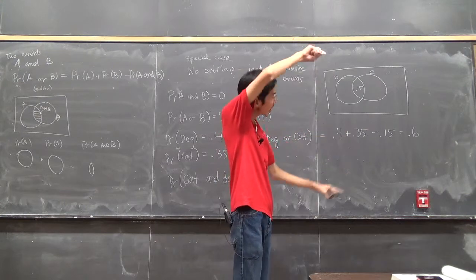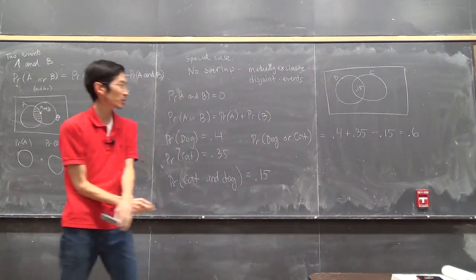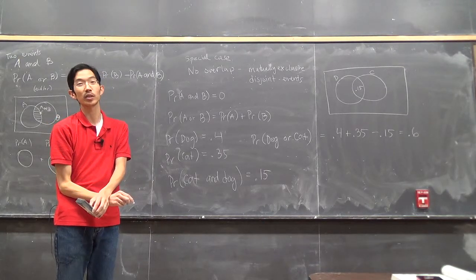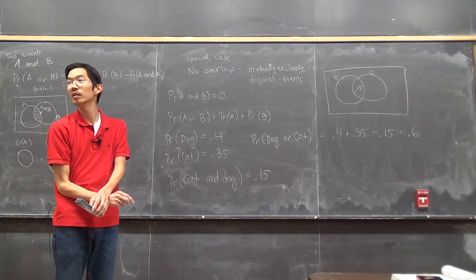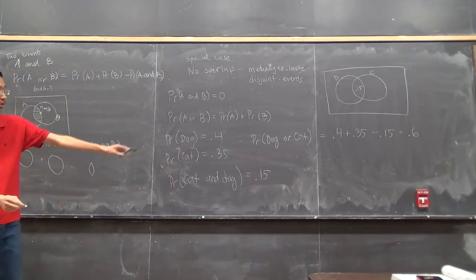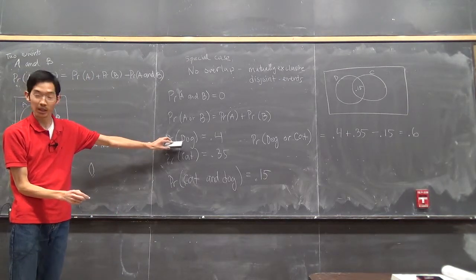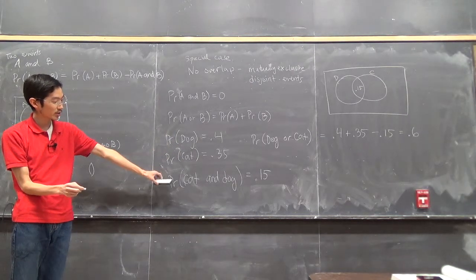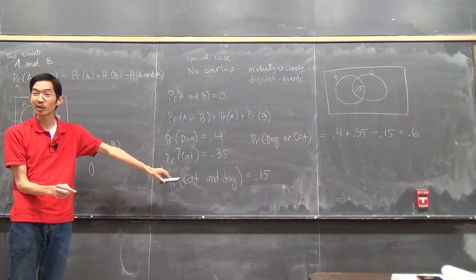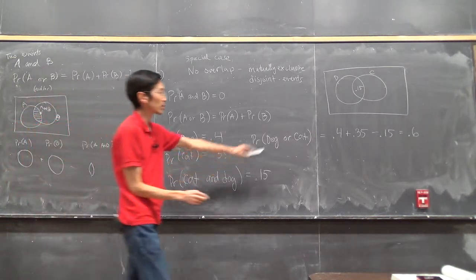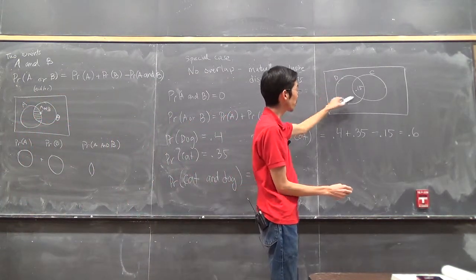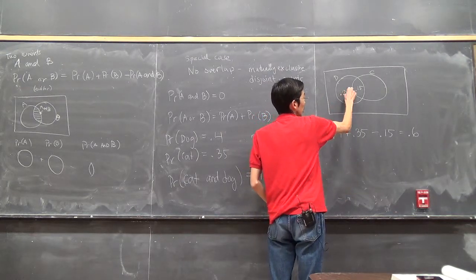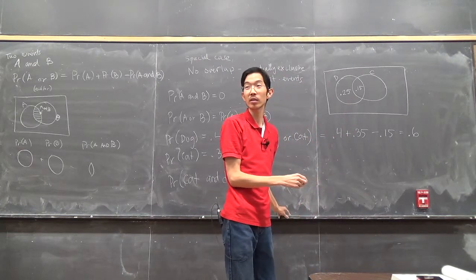What if I ask what percentage of households have dogs only? Your answer would be: the percentage of households that have dogs is 0.4, and the percentage that have both cats and dogs is 0.15. So this entire circle adds up to 0.4. If I've got 0.15 in this area, I have 0.25 right there.